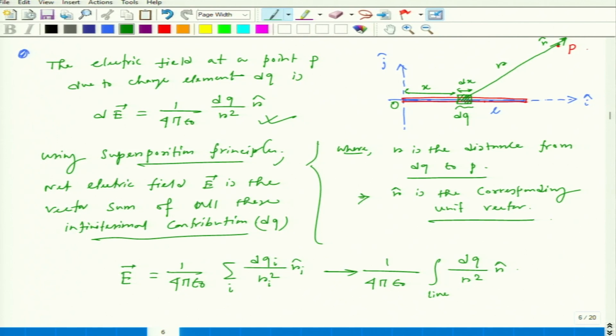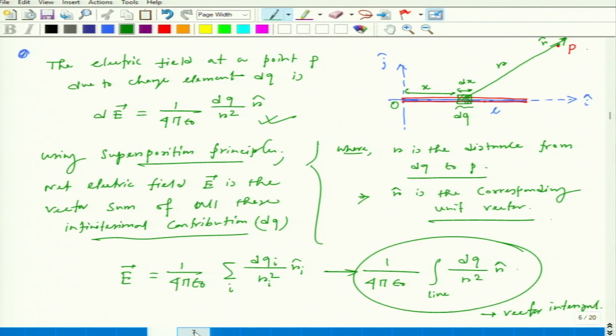Again, this is a vector integral. Remember, this is a vector integral. What does that mean? That we calculate each component of the electric field separately, in each direction of space.